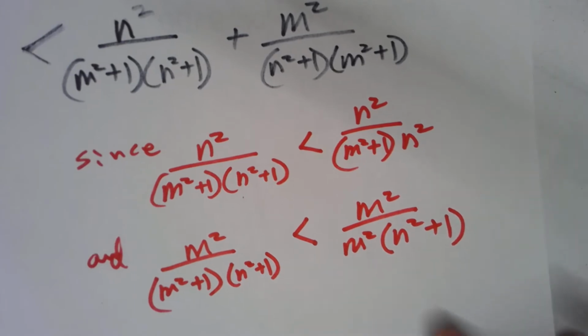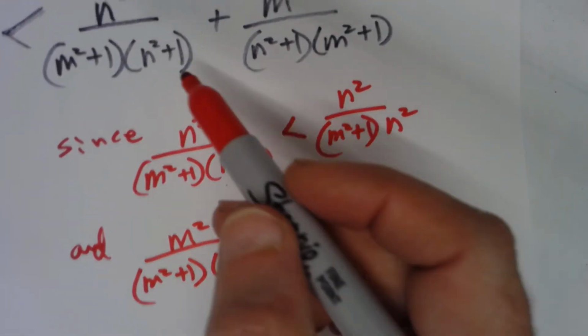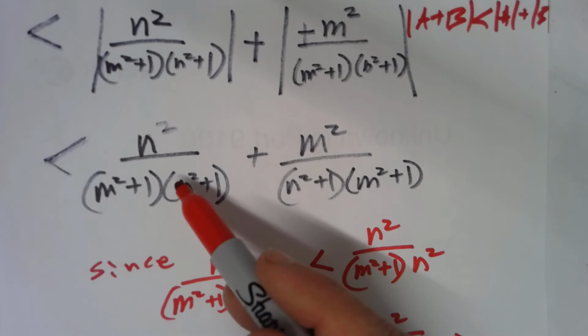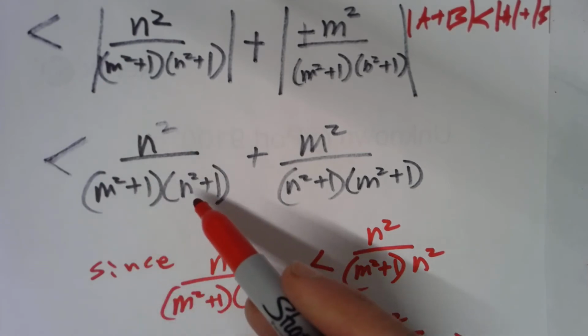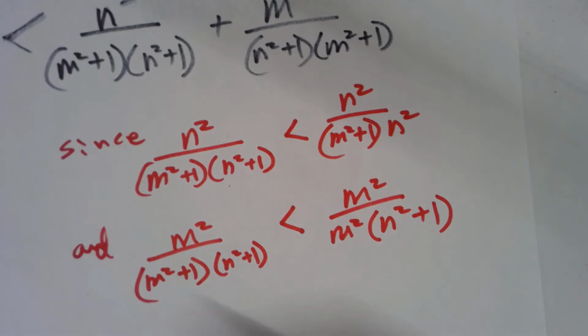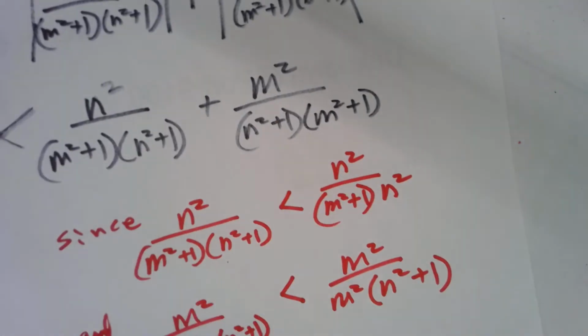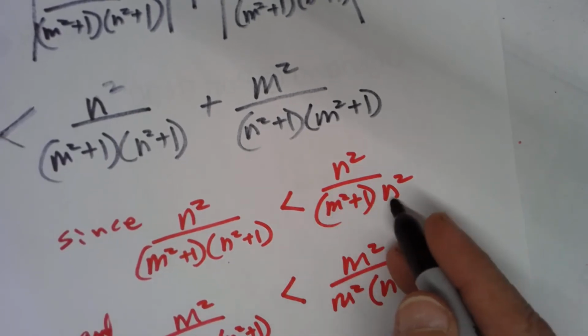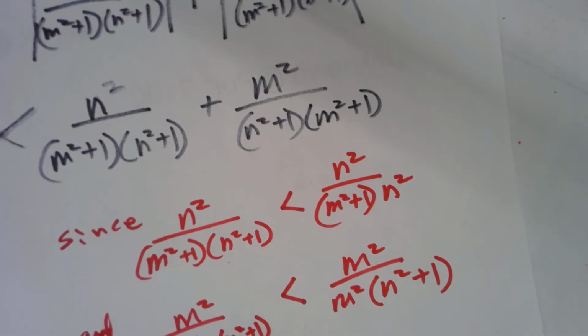We're simplifying this expression. So now we can go from n squared over m squared plus 1 times n squared plus 1 to just this expression, which is going to be less than n squared over n squared times m squared plus 1.